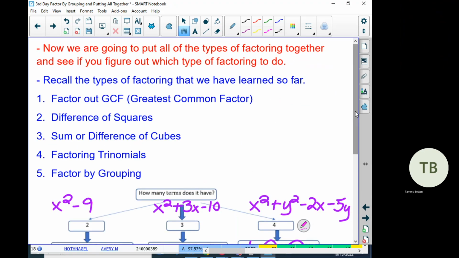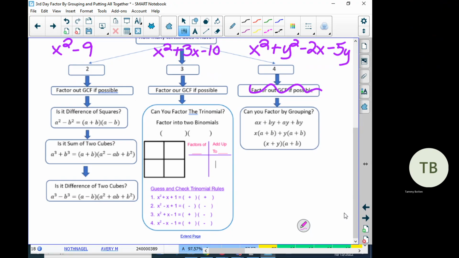Now on your cheat sheet, one thing you guys might want to write off to the side is for difference of squares, you would either have x squared, x to the 4th, or x to the 6th.